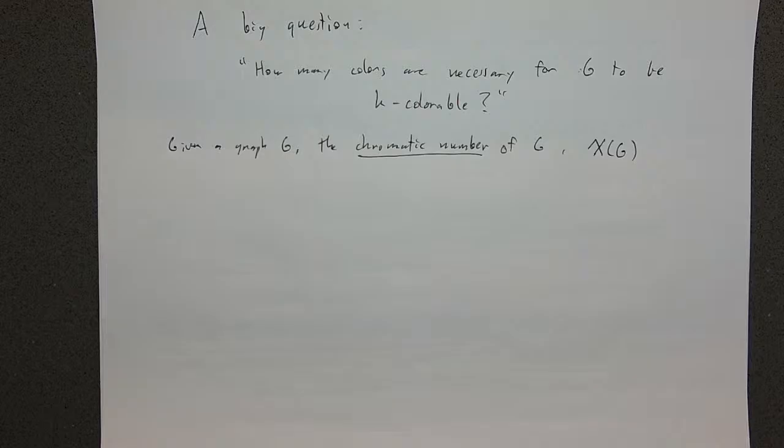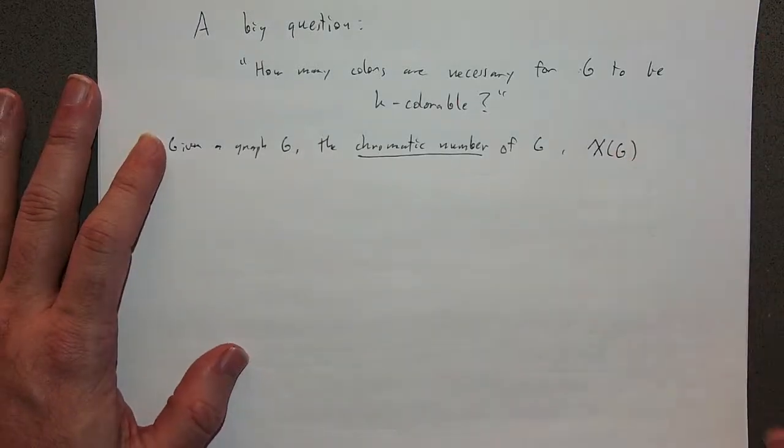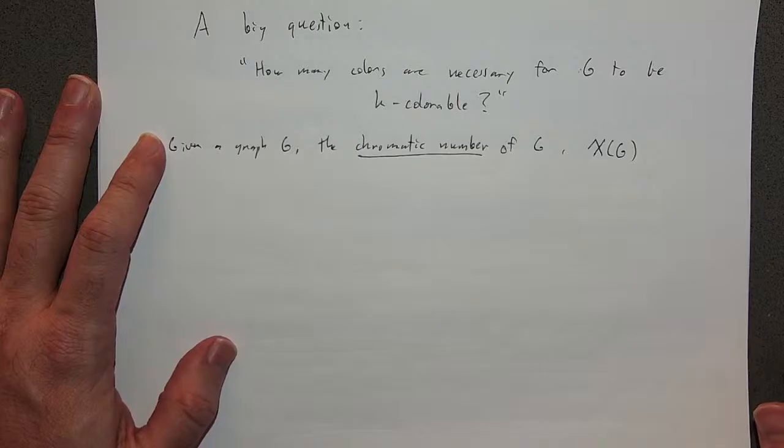Usually this denotes the Euler characteristic of a thing, but in graph theory for us, this is what we use to denote the chromatic number of a graph.